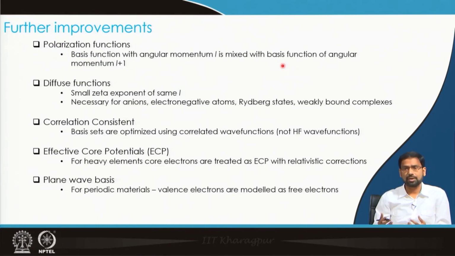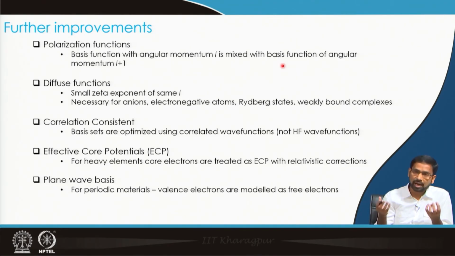We will not go through them, but rather we will point out the possibilities where we can improve our basis function. One particular thing is the so-called polarization function. When you looked at hydrogen atom and hydrogen molecule formation, we started with two 1s orbitals of hydrogen atoms, but when the hydrogen molecule forms, the individual atomic orbitals get polarized.